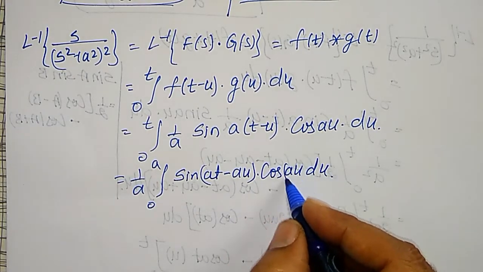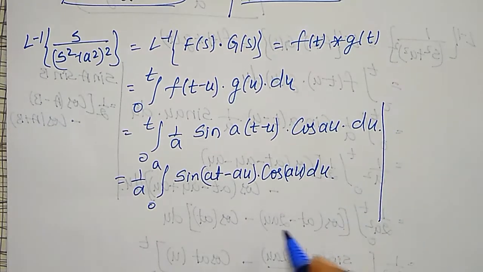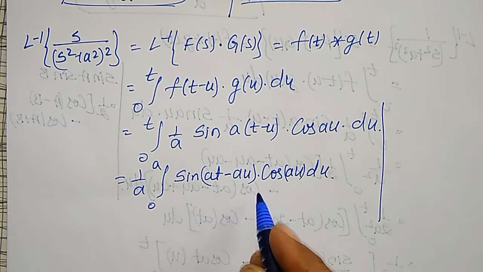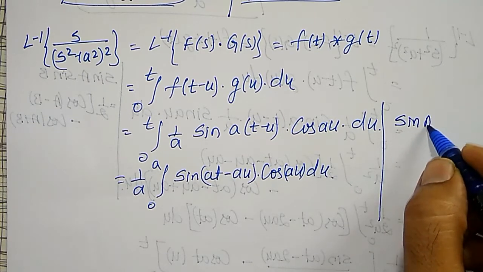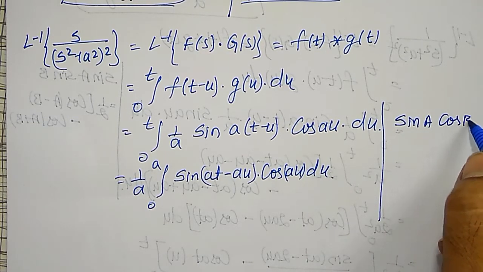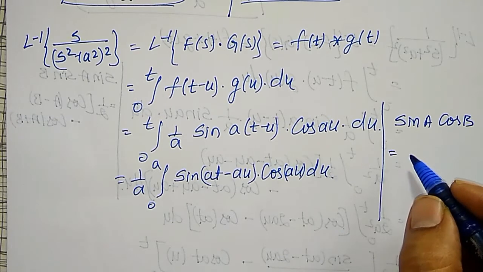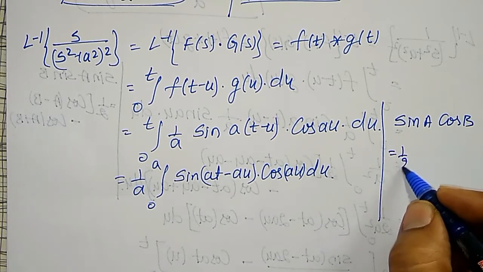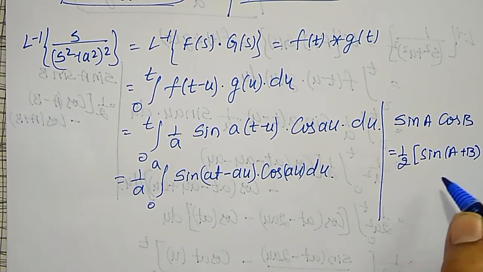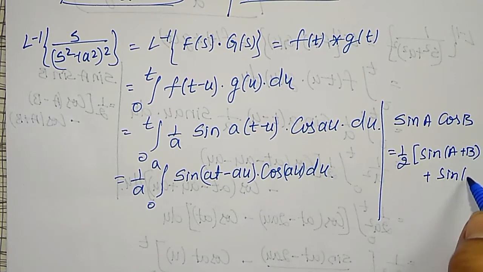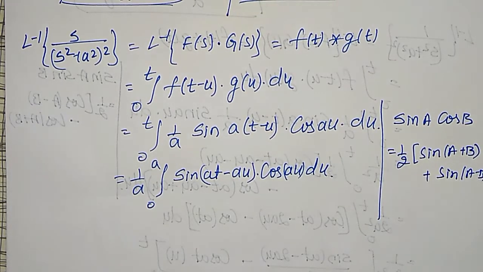Okay, to integrate this I should convert the product of trigonometric terms to addition, that is the sin a into cos b formula. Sin a into cos b is given by 1 by 2 times sin of (a plus b) plus sin of (a minus b), I can use.